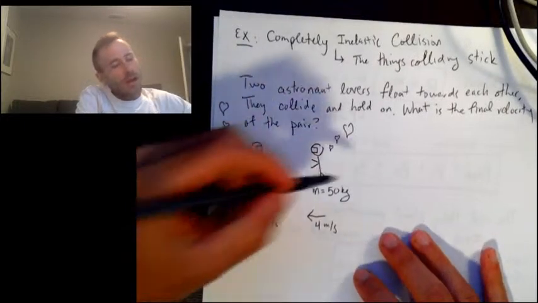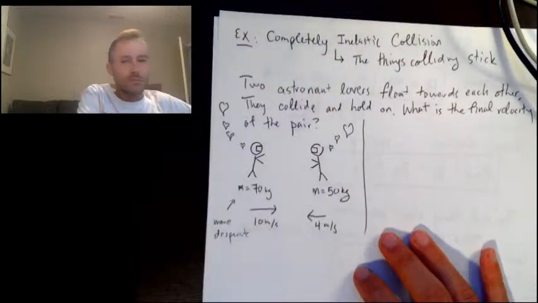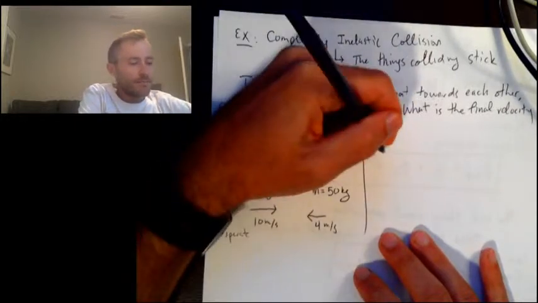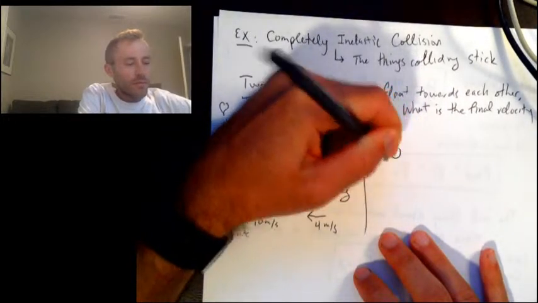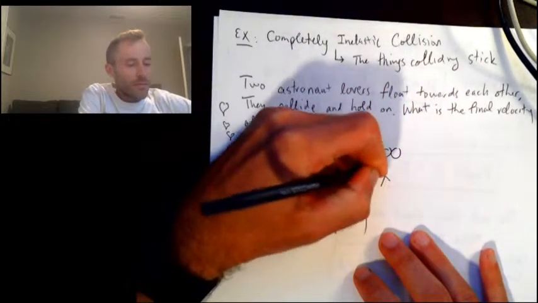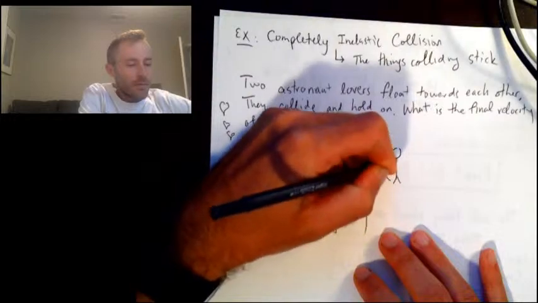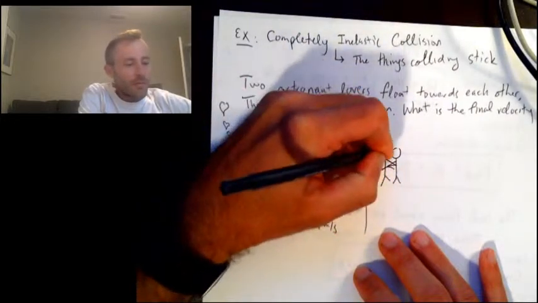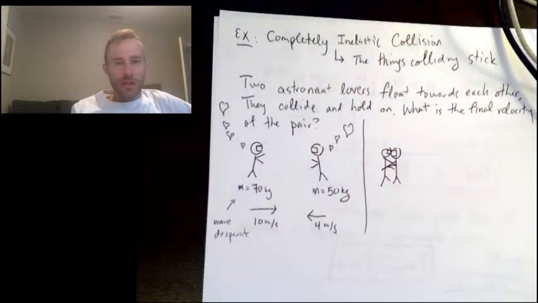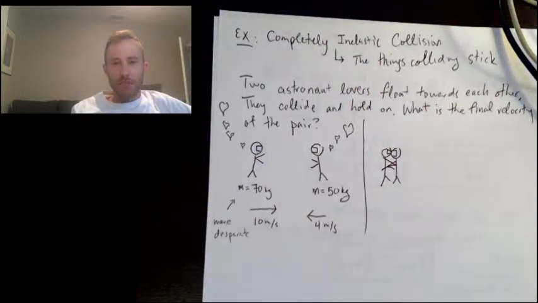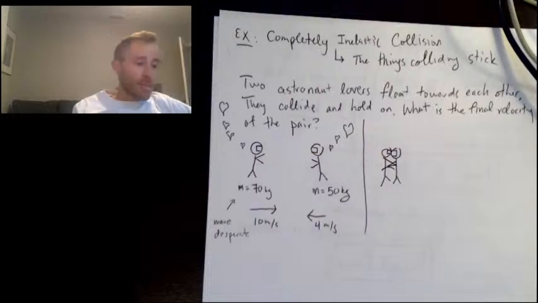Afterwards they collide and they hold on to each other. And they can't kiss each other because their visors are down. It's outer space, so they couldn't do that without connecting their helmets.